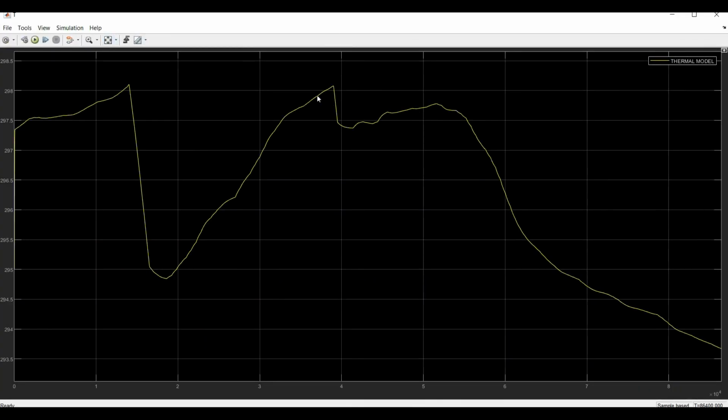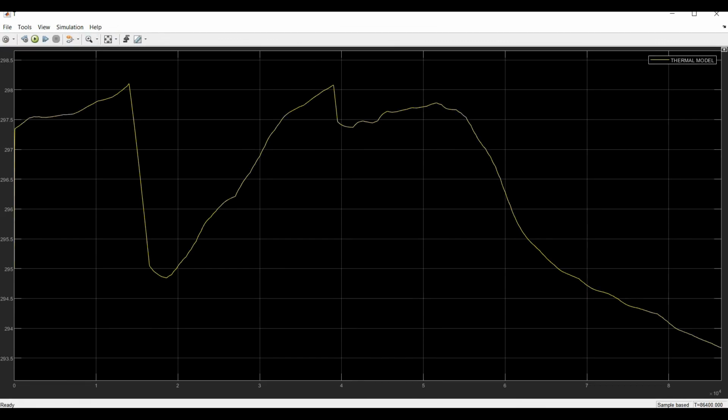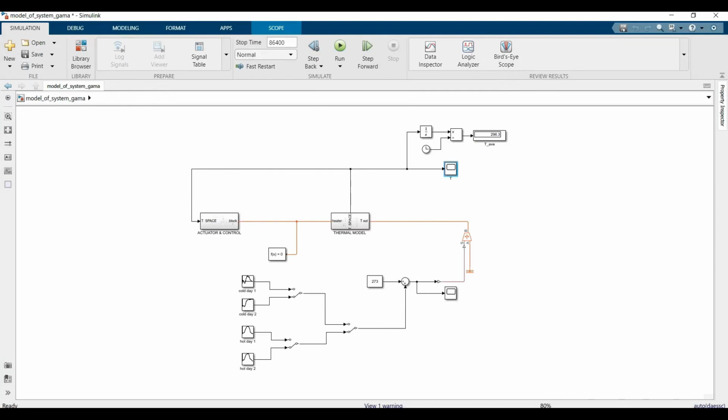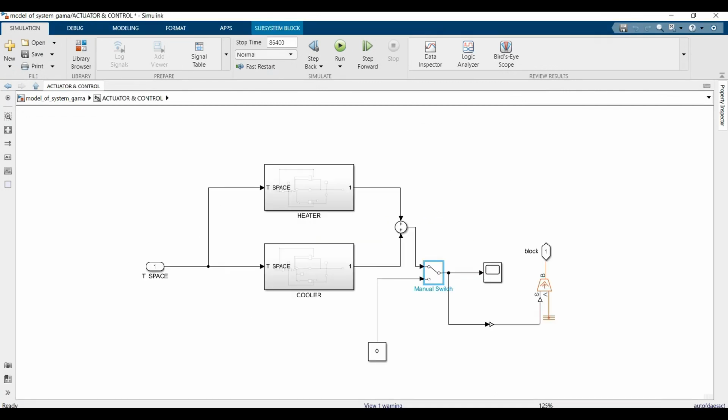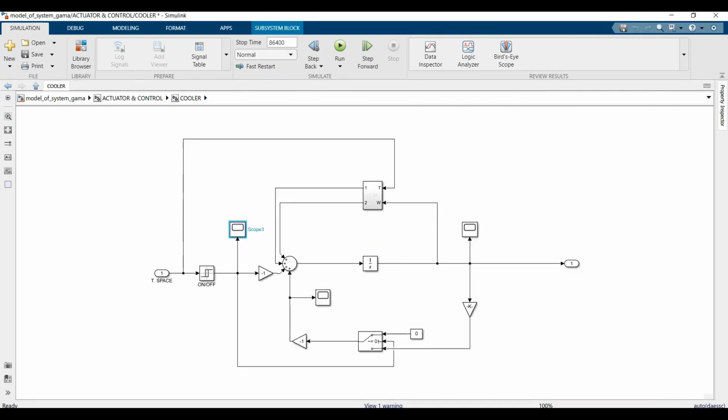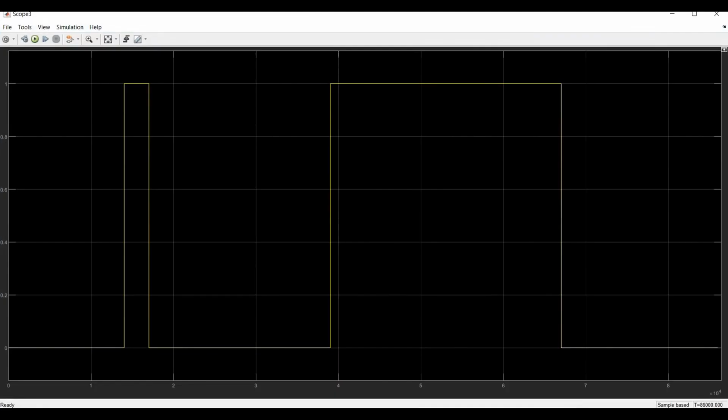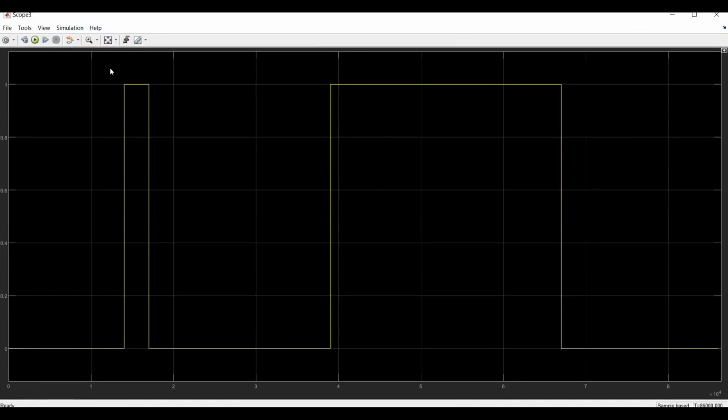At this time and this time, the cooler is turned on. Now I want to see when the cooler is on exactly. As you can see, during these times the cooler is on.